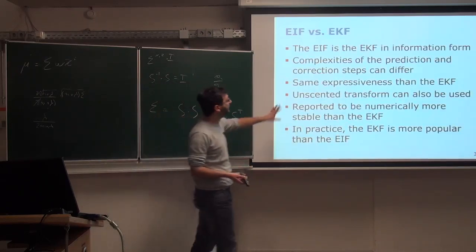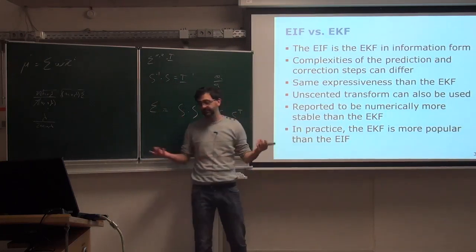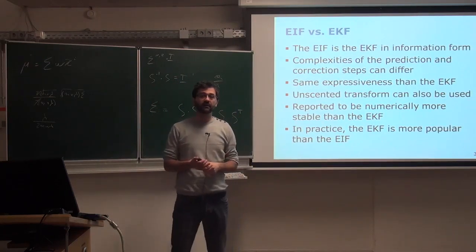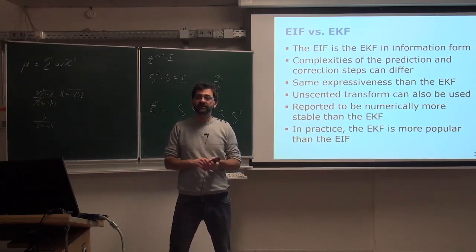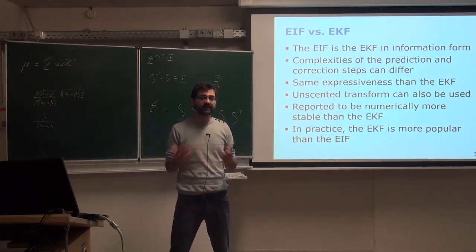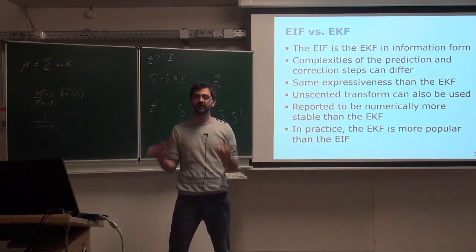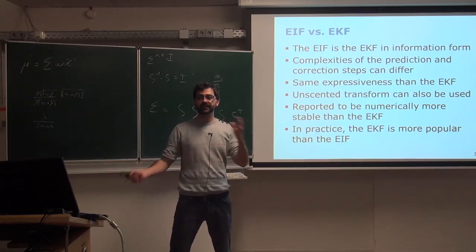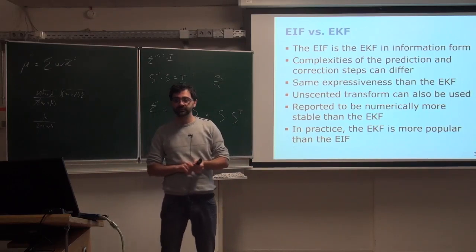If we want to compare the two, they're basically doing the same thing. They are just different ways of parametrizing the distributions behind them. So they have the same power, and eventually the same complexity, but depending on the task one can be more or less efficient.